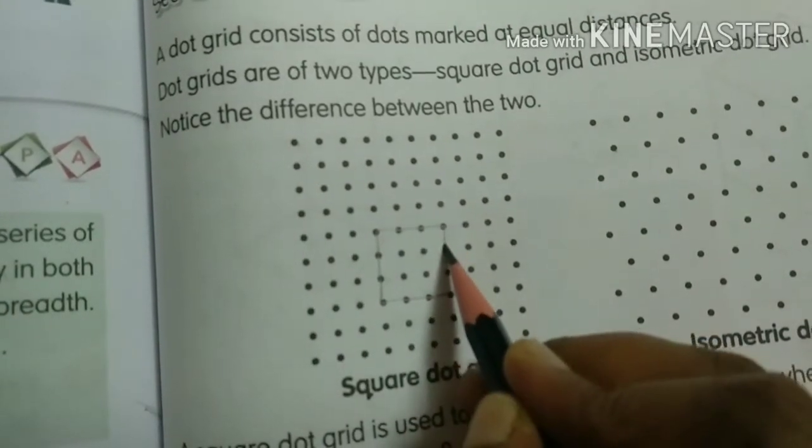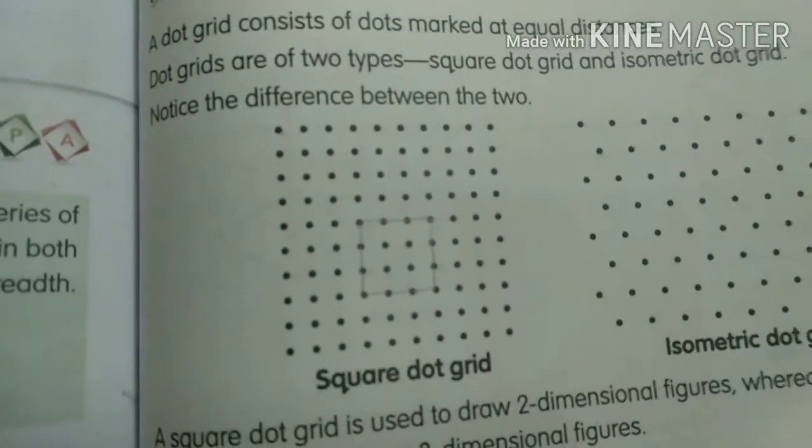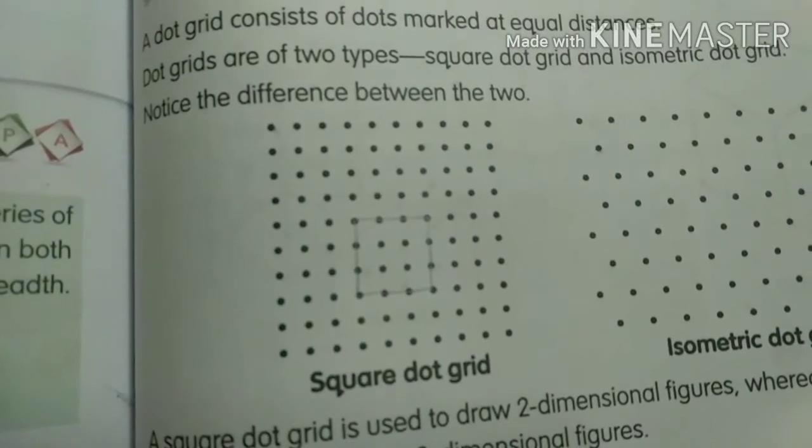And this side also 4 points, and then this side also 4 points. This is a square.